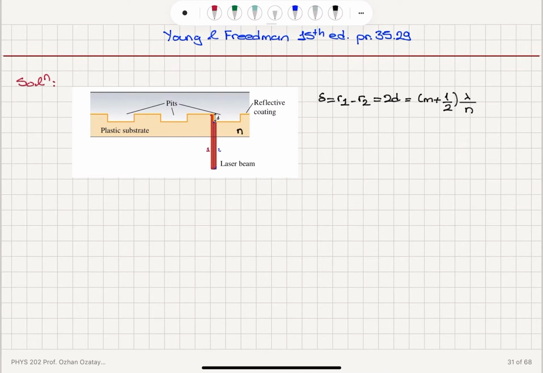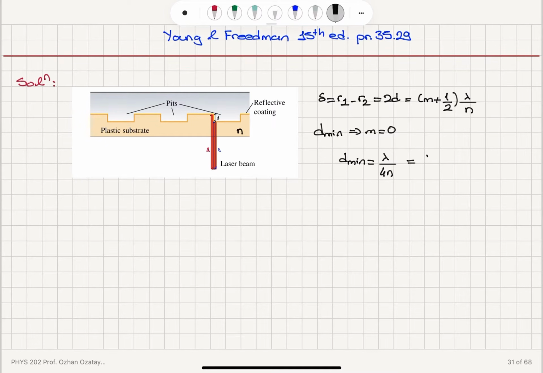The minimum pit depth, d minimum, will correspond to m equals 0 here. That's lambda over 2, where lambda is the wavelength in the plastic substrate. So that's basically lambda over 2n, divided by 2, that is lambda over 4n.